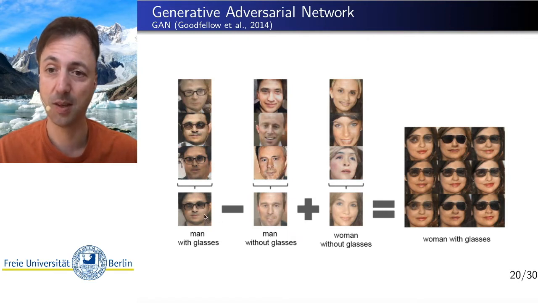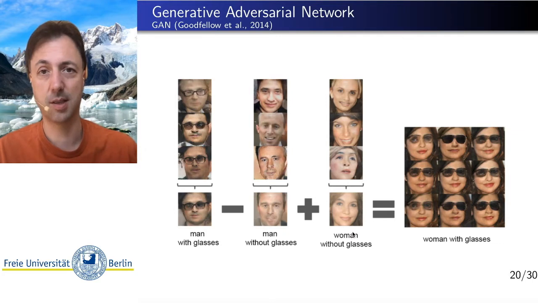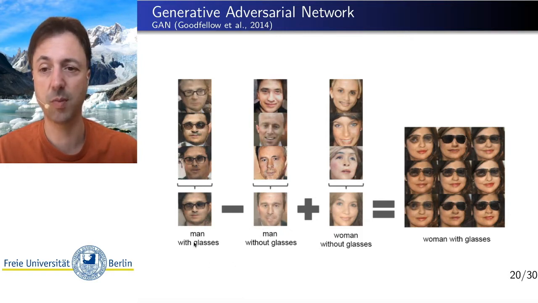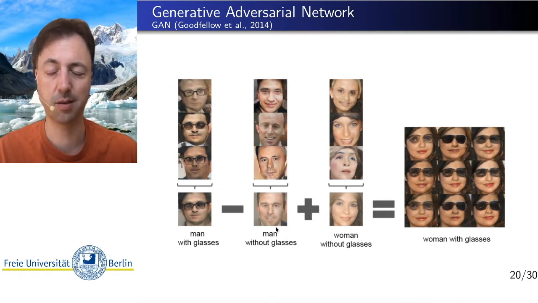So we basically take three vectors in Z space, the input space for the generator, and these two here correspond to men with glasses and without glasses if we go through the generator.